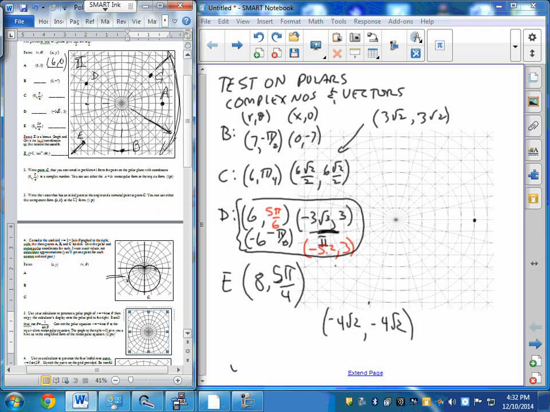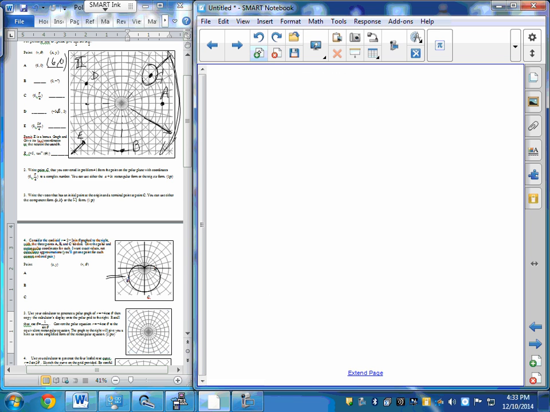Okay, point C, this guy right here, point C, let me pull up a new screen. Point C, we had given as polar coordinates of r, theta. That was given as 6 pi over 4. And we had calculated the xy's.